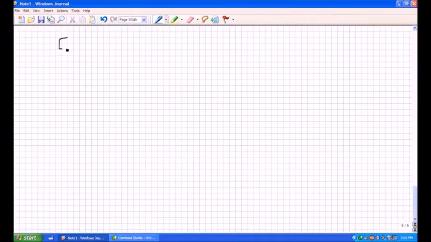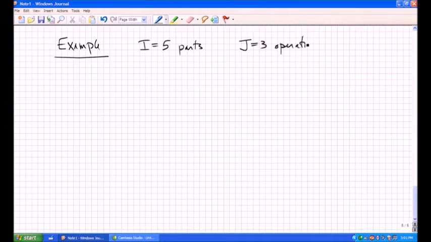Here's an example. It's the same example that is in the set of typed notes here. But let's suppose that we've got 5 parts that are inspected by 3 operators, M times a piece.